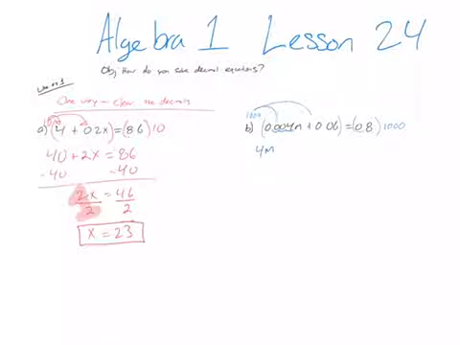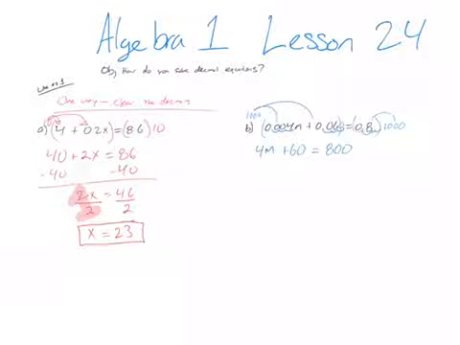Multiplying this one, I move it 3 places to the right, 1, 2, 3, so I have to add a 0 there. It's going to be plus 60 is equal to this times that, moved over 1, 2, 3, so it's going to be 800. Kind of a big number, but there are no decimals there.